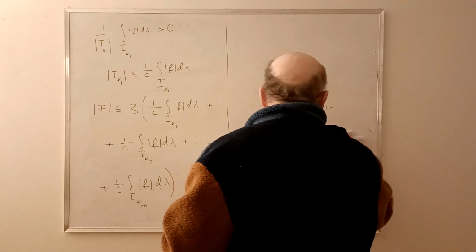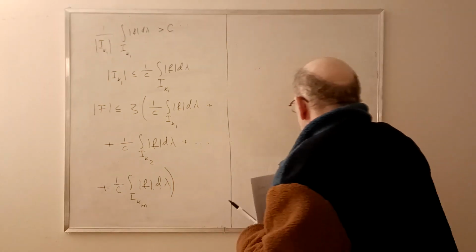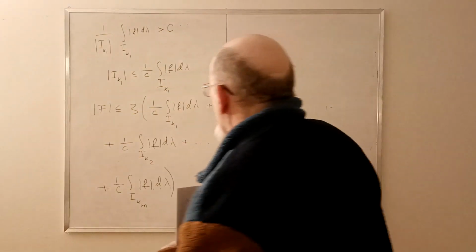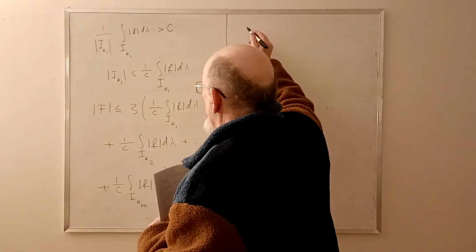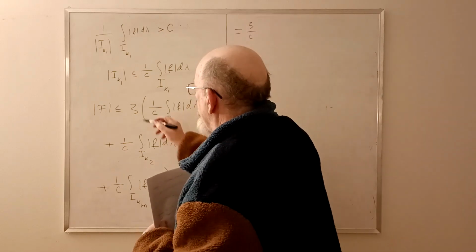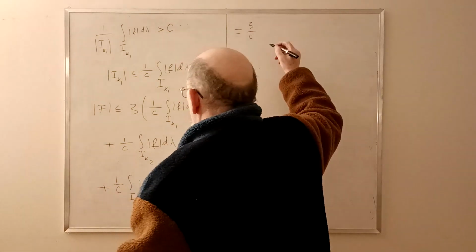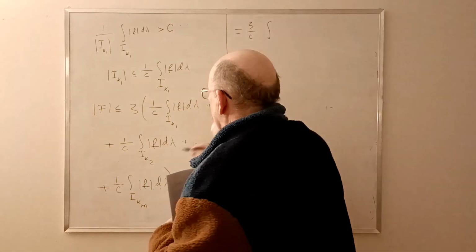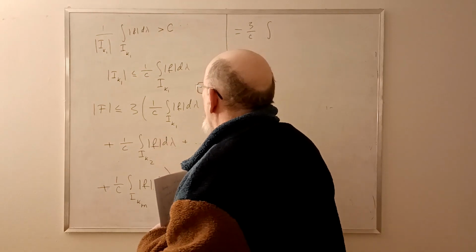Okay. It is equal to 3 over c, 3 from here over c, integral. So I have to take the sum of these integrals.